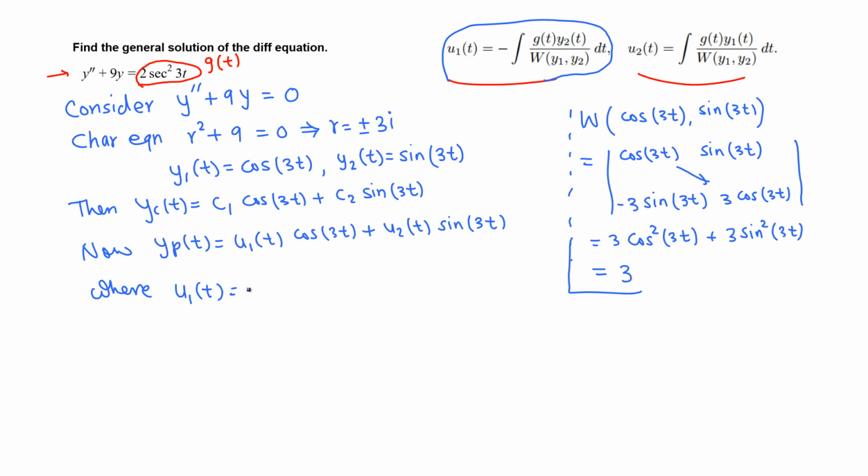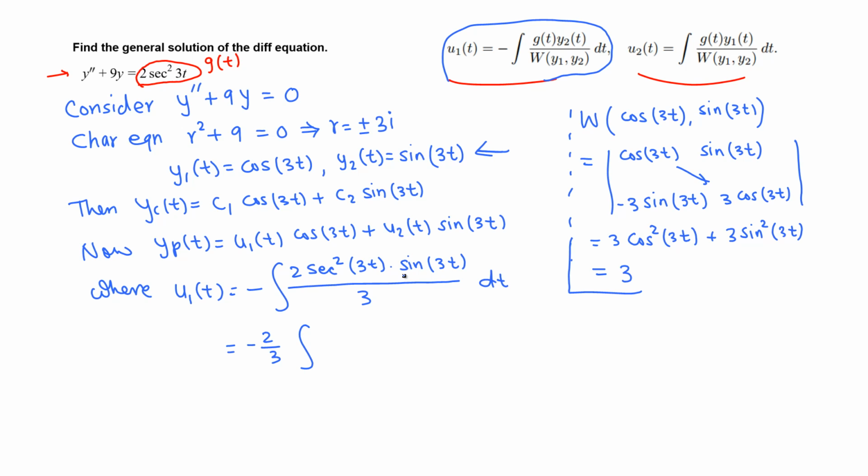So that's negative g, the non-homogeneous part in the question, 2 secant square 3t, times y2, and y2 is, look here, sine 3t, all over the Wronskian of y1 and y2, that we found, 3, dt. Let's find this. 2/3 can be pulled outside, negative 2/3.